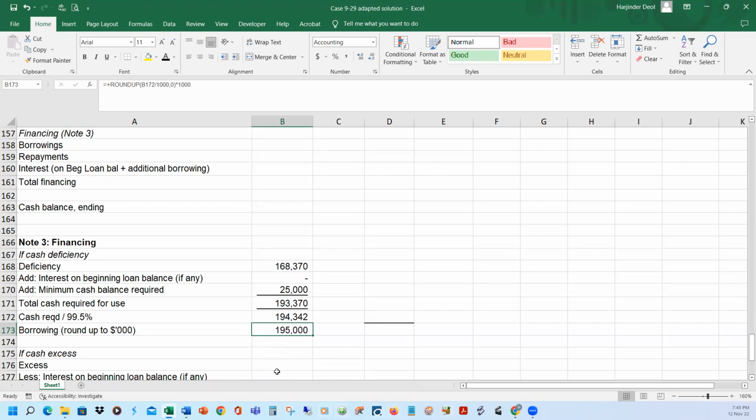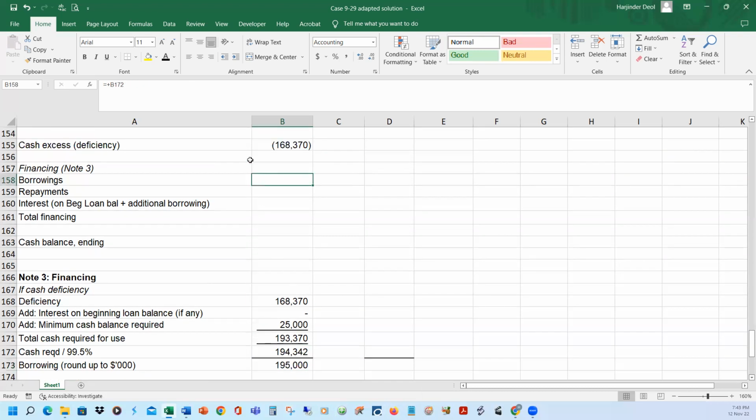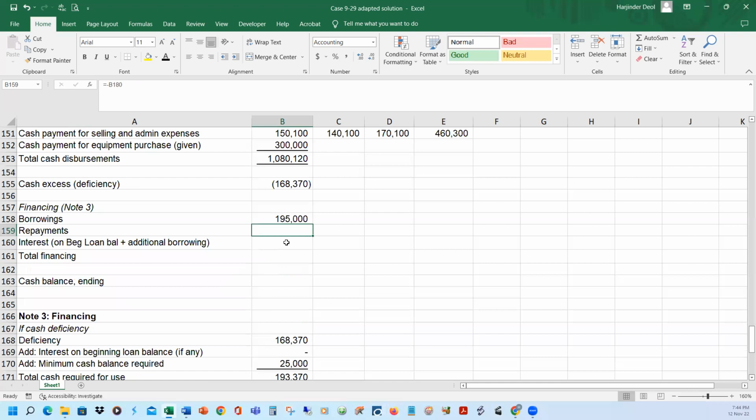$195,000. So borrow $195,000. If you do that, we're not able to repay anything. In the month that we are borrowing, there's no way that we can repay any of the principal. We'll have to pay interest on the $195,000 that we borrowed, 0.5%.